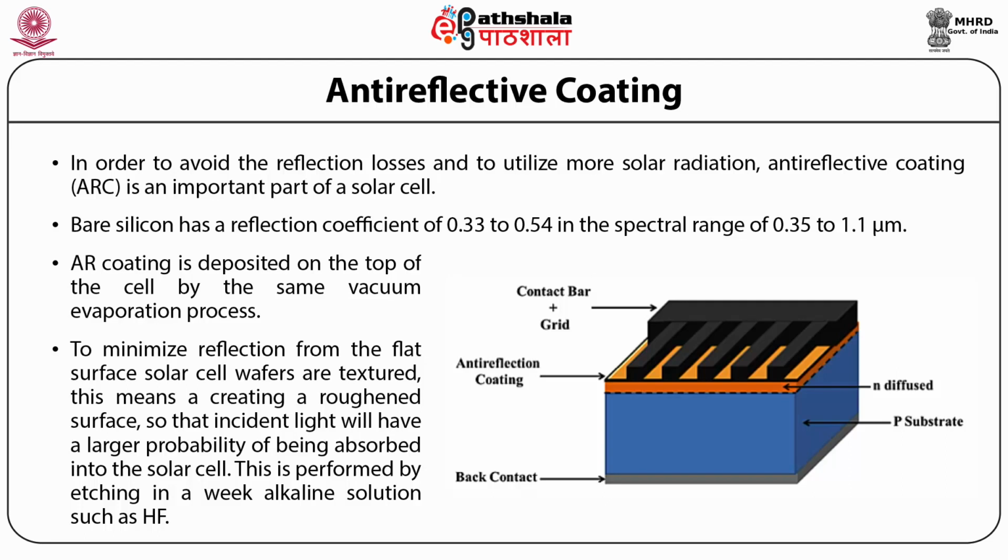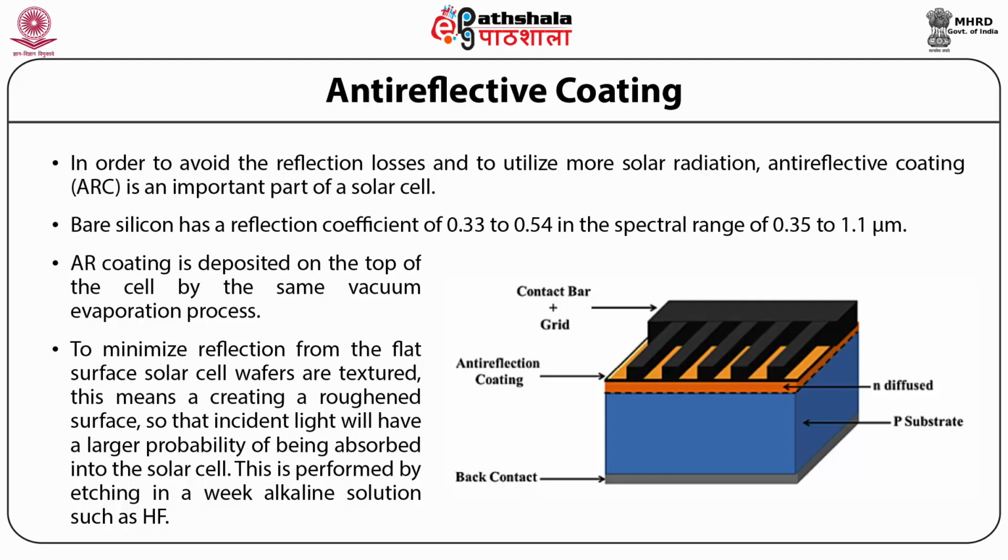Furthermore, the average reflection can be further reduced by 2 anti-reflective coatings of different refractive index instead of using one reflective coating. This is also shown in the figure. That is, the exposed side coating has an index of refraction of 1.3 to 1.6, and the second layer placed in between silicon and the first layer has an index of refraction of 2.2 to 2.6.